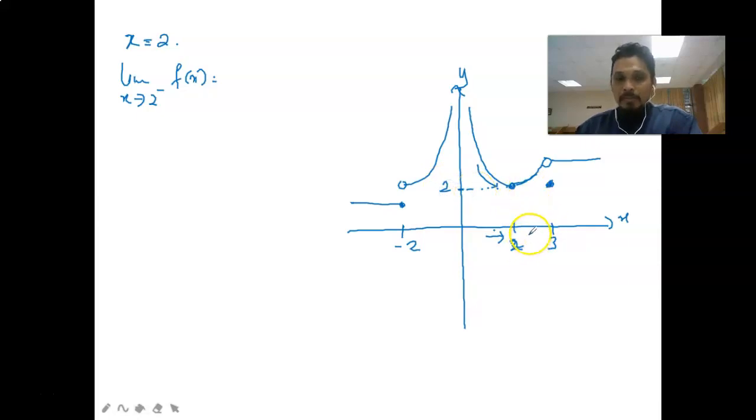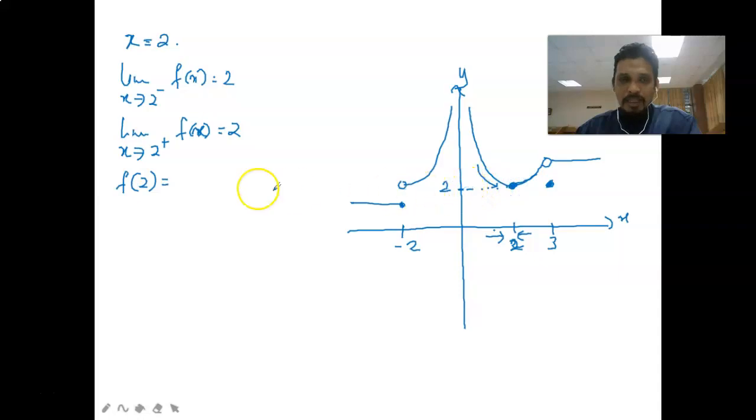And also when x approaches 2 from the right, the limit of the function f(x) also approaches a value of y equal to 2, and when x is exactly 2, it also gives us a value of y equal to 2.